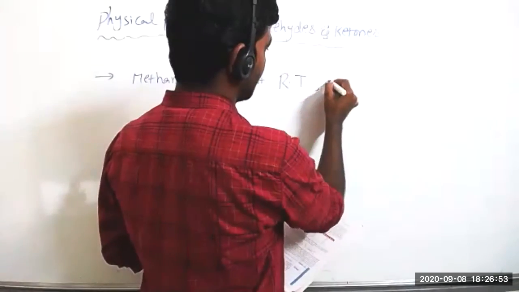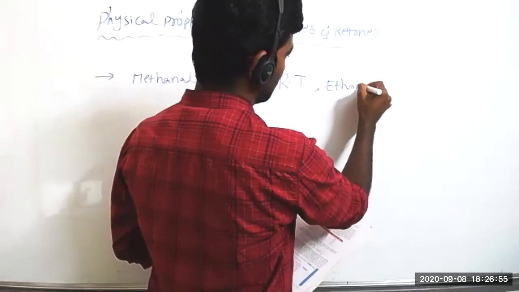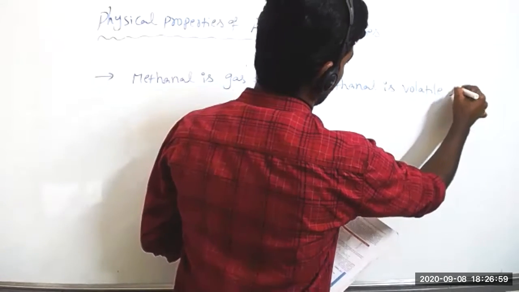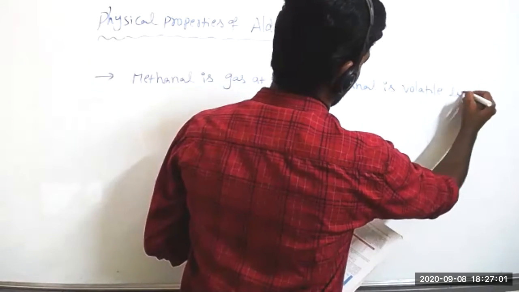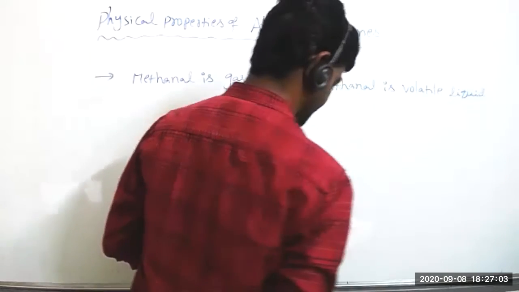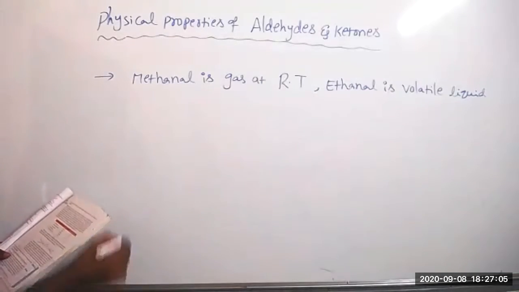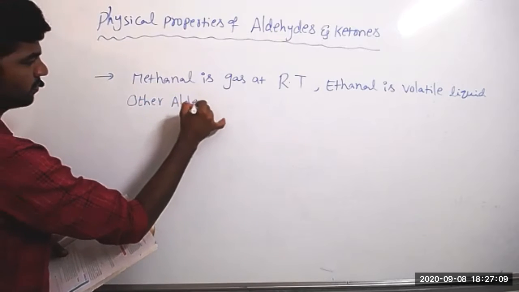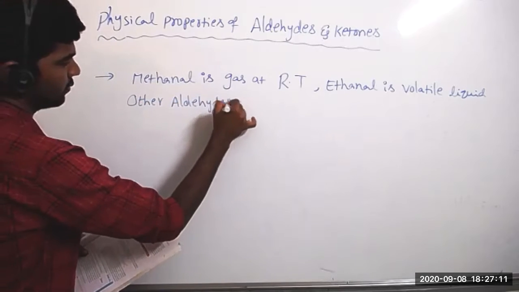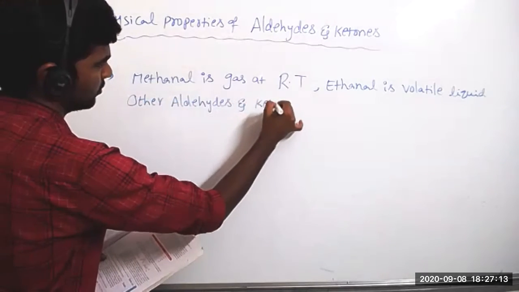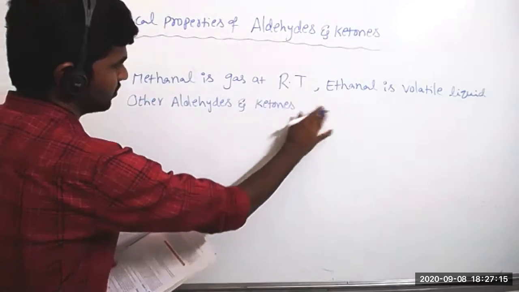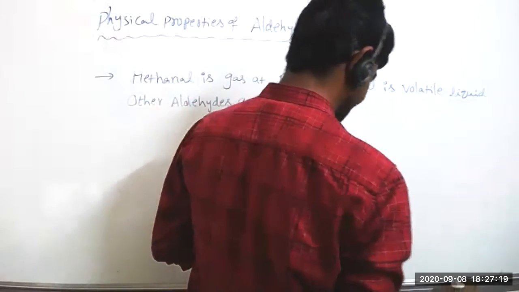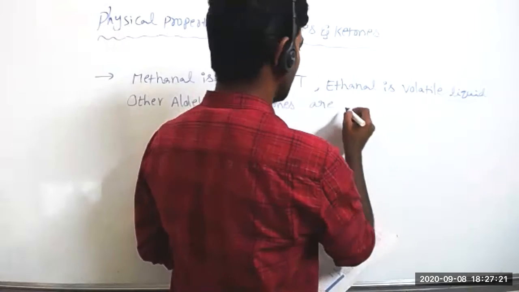Ethanal is a volatile liquid. Other aldehydes and ketones are liquids or solids at room temperature.